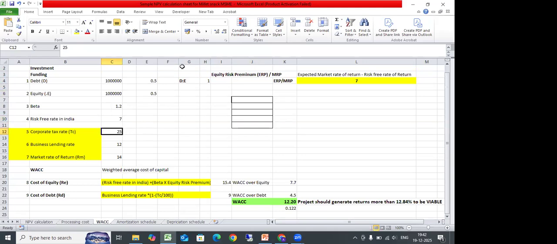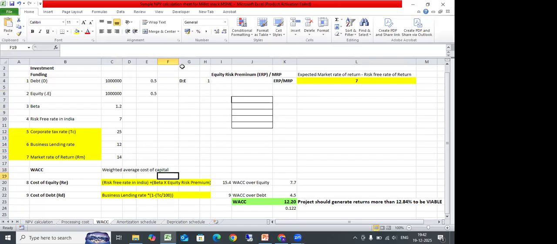Corporate tax rate is 25. Business lending rate for MSME is 12. Market rate of return, which is your stock market rate of return, is 14. So 14 minus 7, the equity risk premium. Expected market rate of return minus risk-free rate is 7.